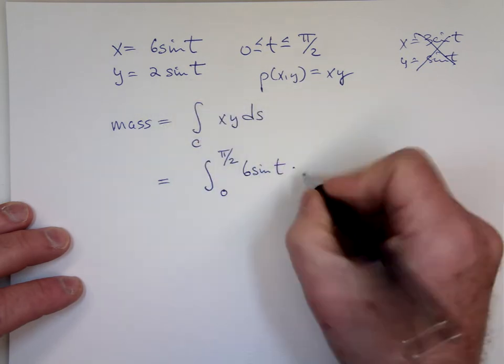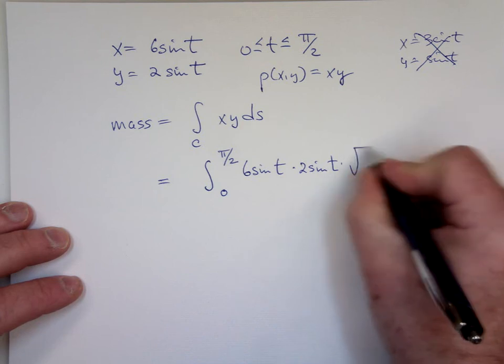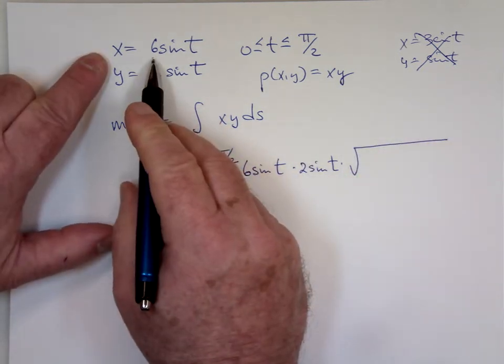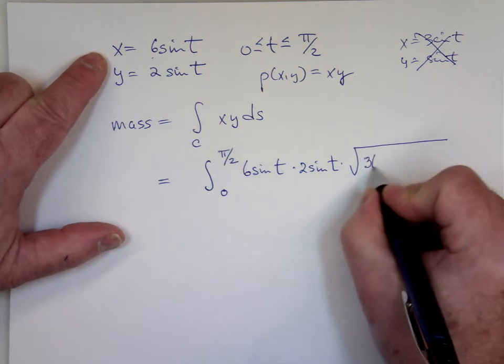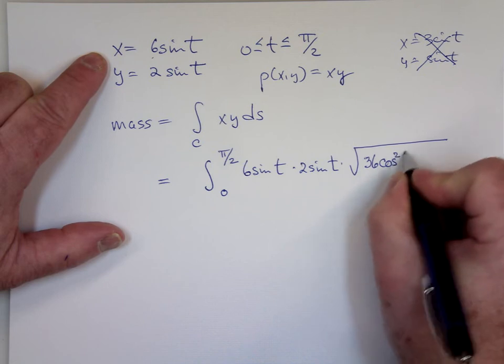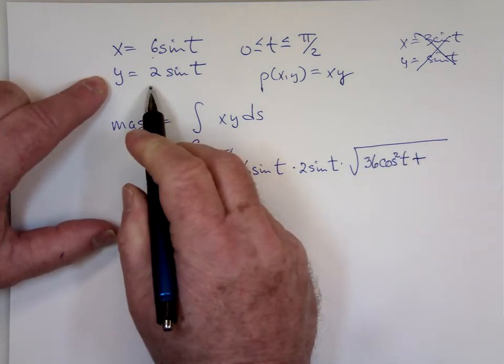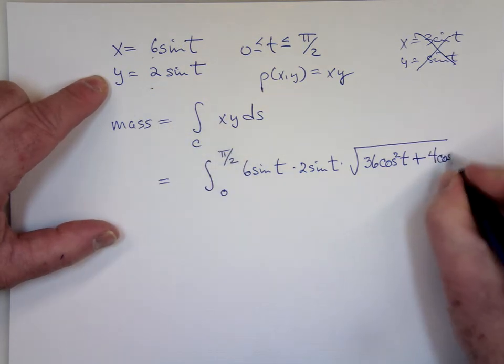This is totally different. The square root of the derivative of x, dx dt, which is 6 cosine squared, plus the derivative of y, 2 cosine squared, dt.